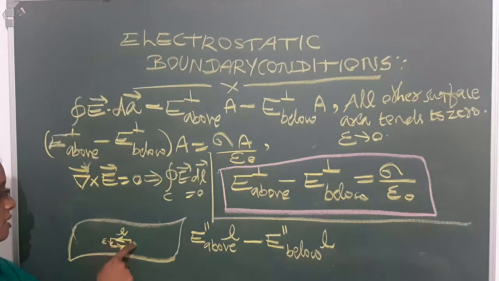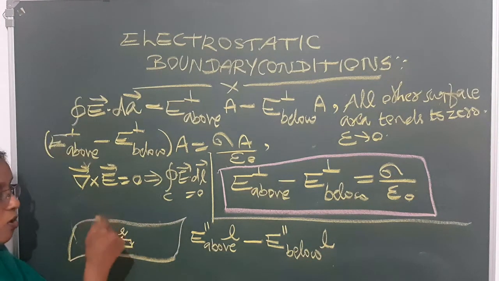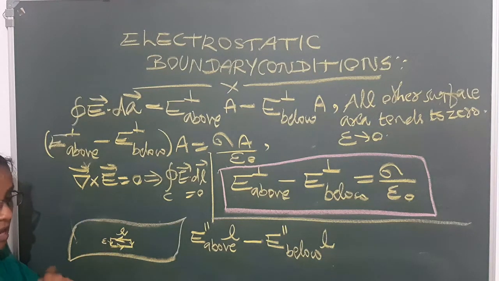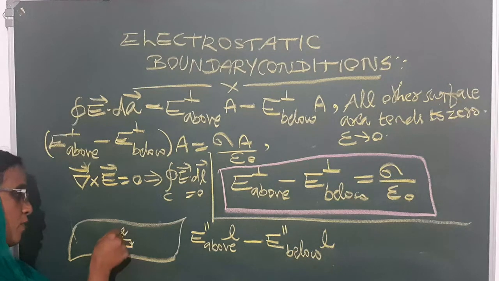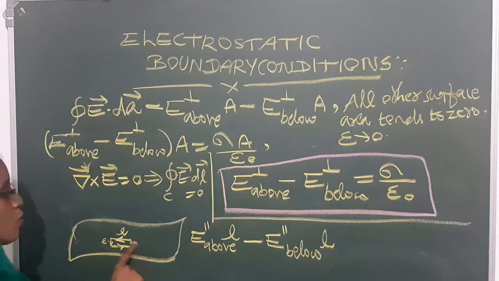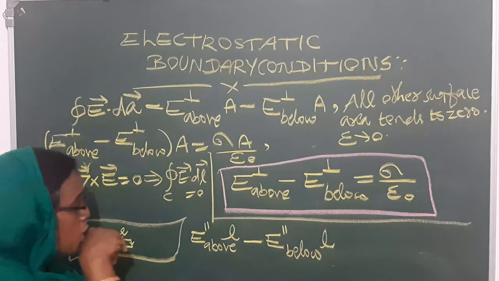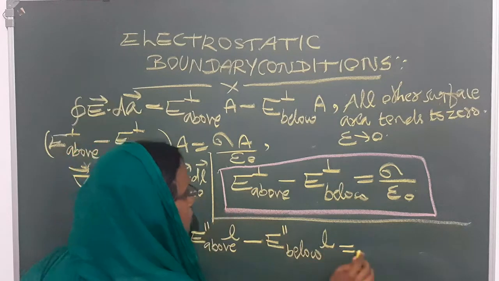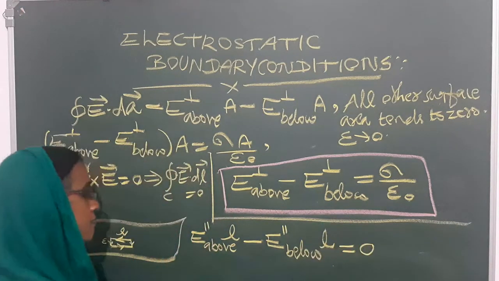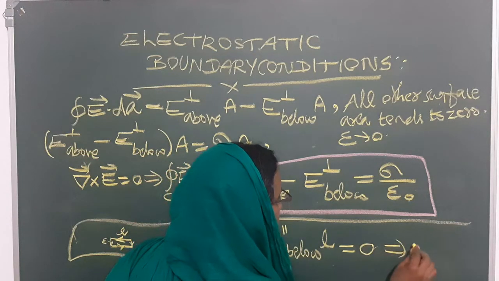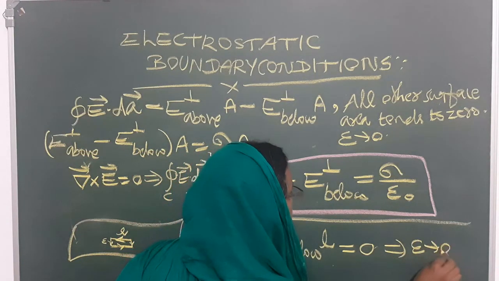What about these components? As we already discussed, this epsilon is very small, and if you take the component of electric field along the direction of epsilon, this term goes to 0, because epsilon tends to 0.